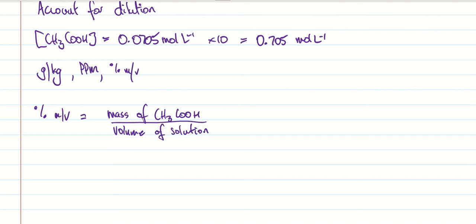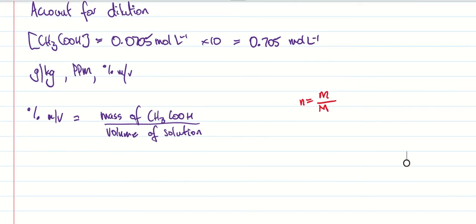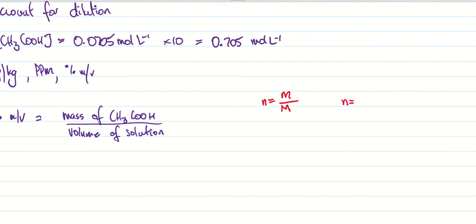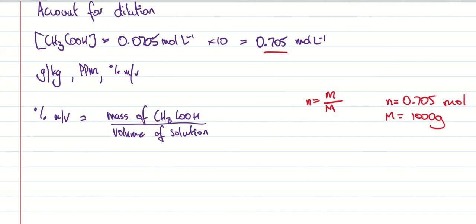In this case, we need to use another formula, and this is the number of moles equals the mass over the molar mass. Now we know the number of moles for every litre. So we know that N equals 0.705 moles for every litre of water. Now 1 litre of water equals 1000 grams. And we'll leave it at that for the moment.